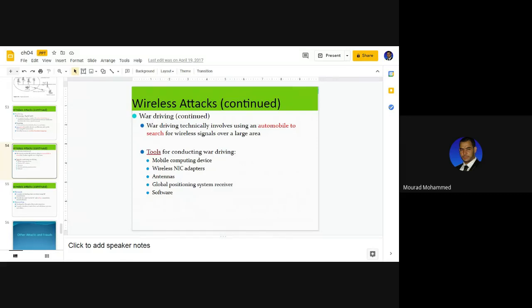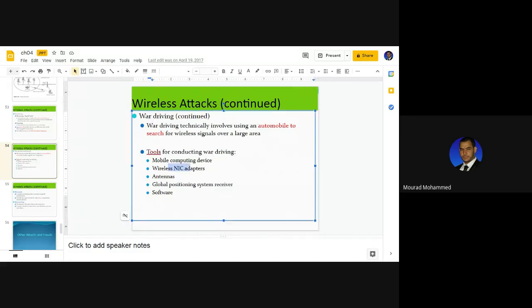Because we have a wireless network interface and the capability to scan the wireless field. We have the hardware responsible for sending and receiving wireless signals, and the software responsible for displaying the list of available wireless networks.